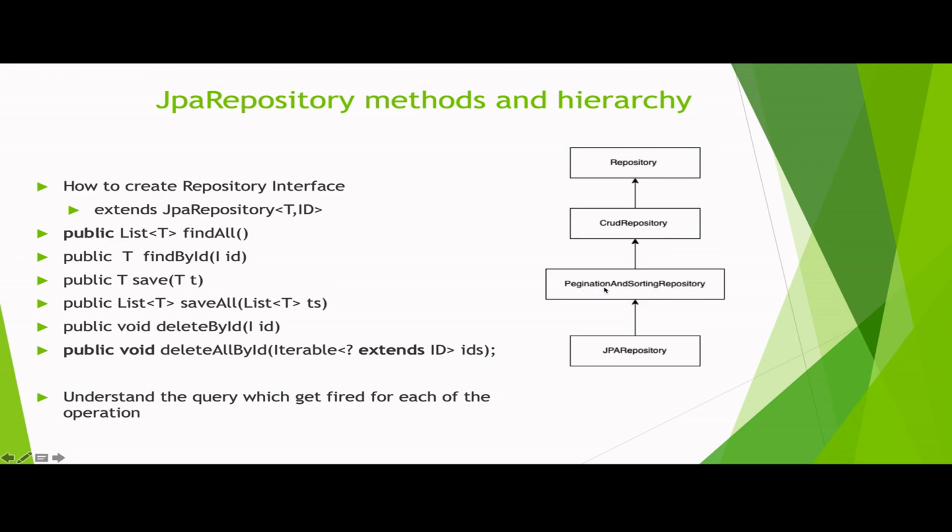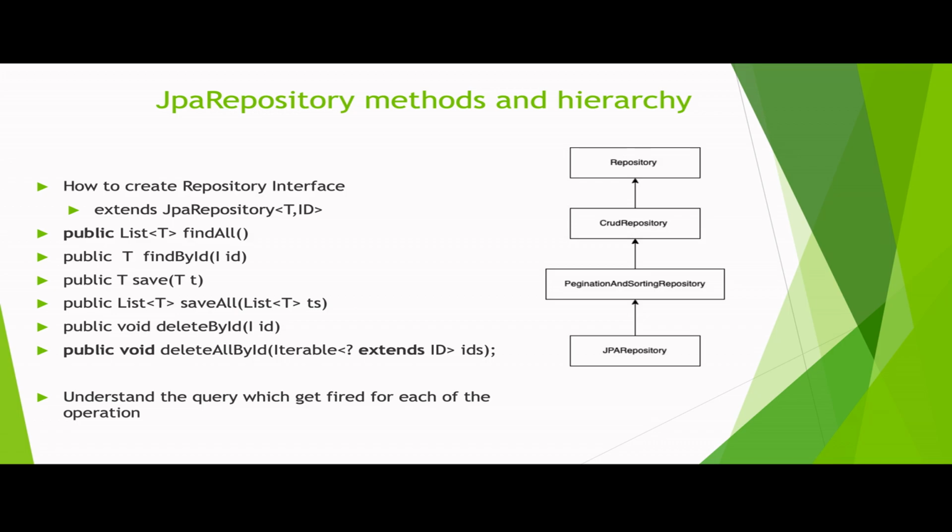Then we have the pagination and sorting repository, which will be used for paginating and sorting the data that we retrieve from the database. We will have a dedicated session on this. Then we have our JPA repository.